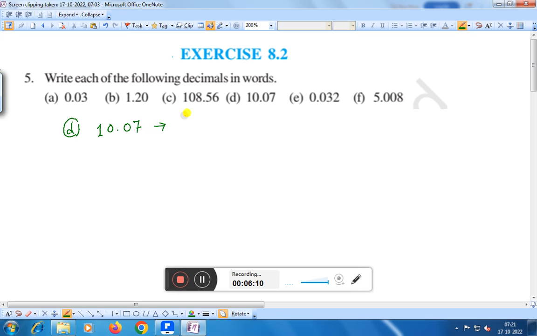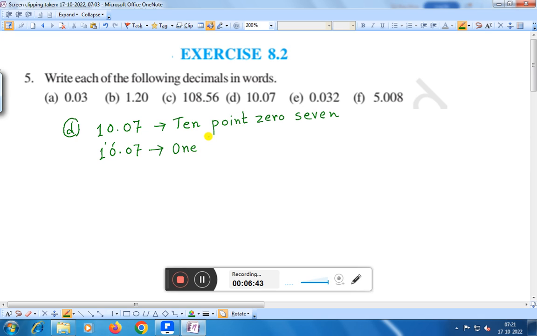We'll write here as ten point zero seven, or we can write another way like this. There are two methods to write decimals in words. This is ones place, this is tens place.